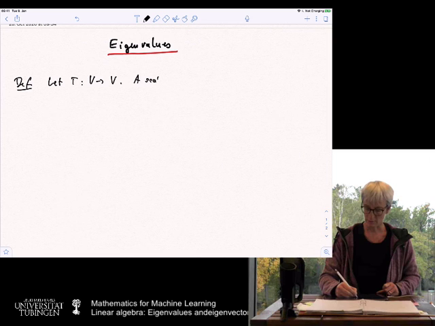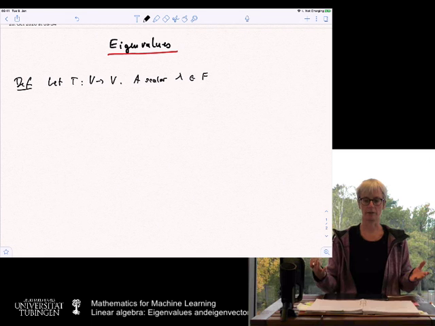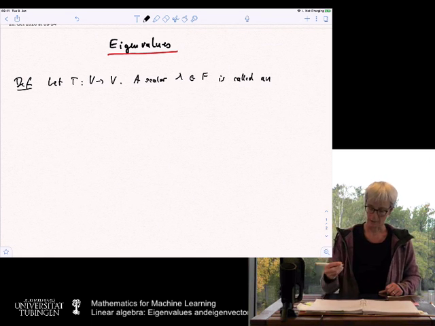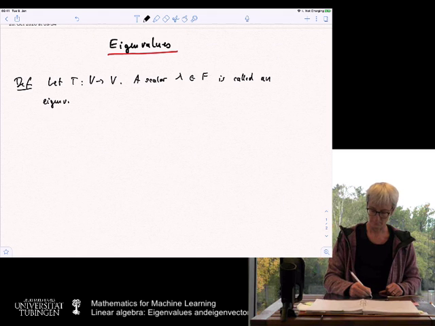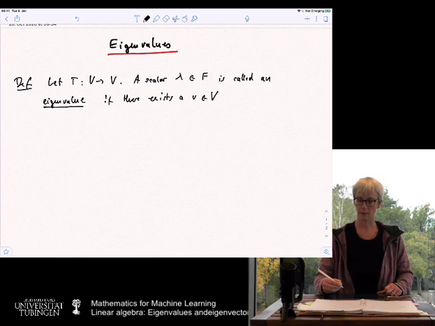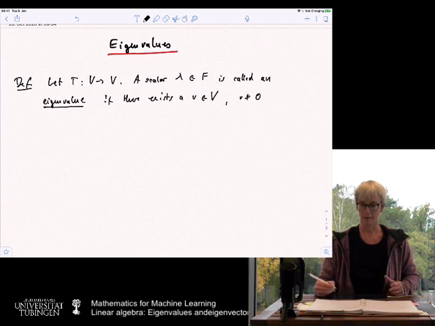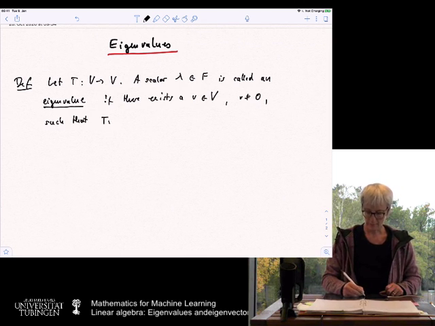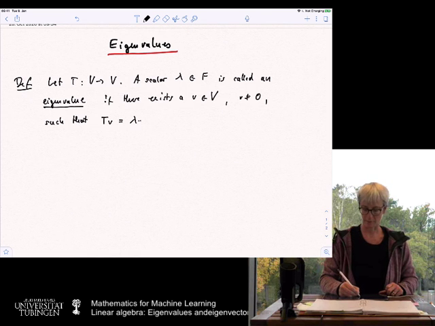So a scalar lambda in F, again our field is typically R or C, the complex numbers, is called an eigenvalue if there exists a vector in the vector space, and important, it must not be the zero vector, such that T times the vector is lambda times the vector.